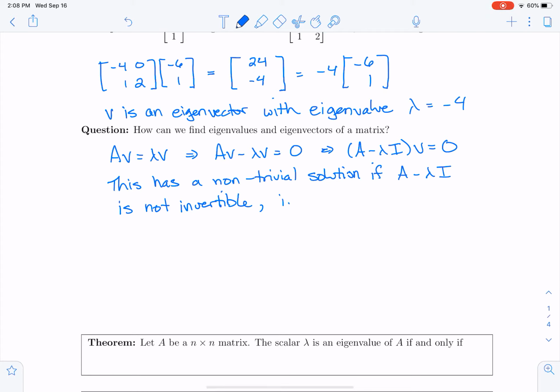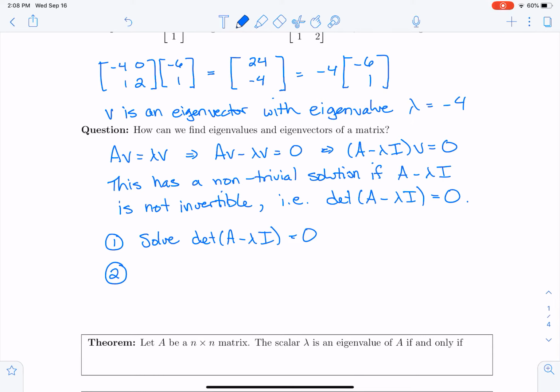And one way we can show that it's not invertible is to show that the determinant of A minus lambda I is equal to 0. And so this gives us a two-step method for finding the eigenvalues and the eigenvectors. Okay, step 1 is going to be to solve this equation, solve that the determinant of A minus lambda I is equal to 0. And then you may get one lambda, but you may get multiple values of lambda.